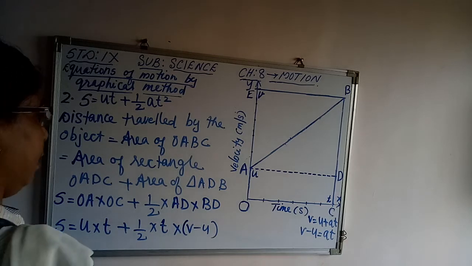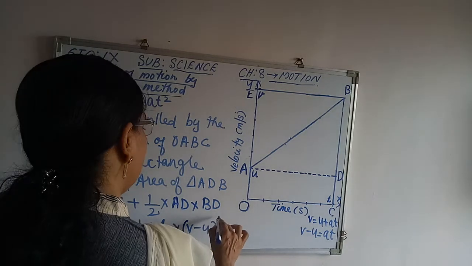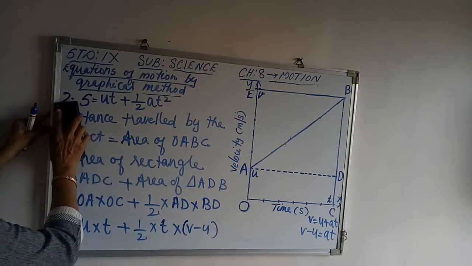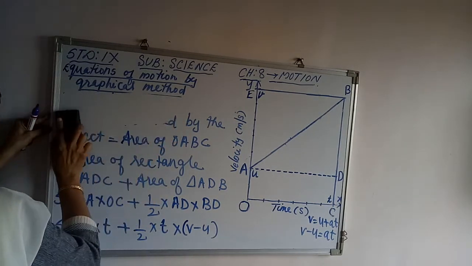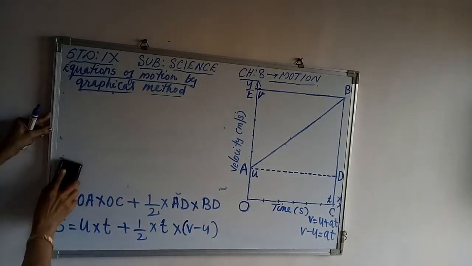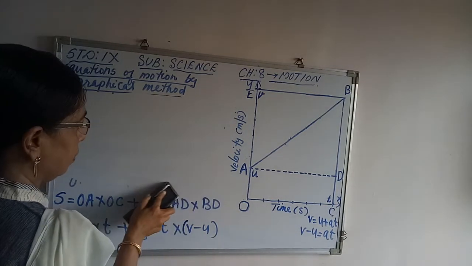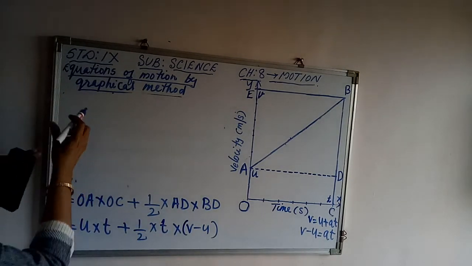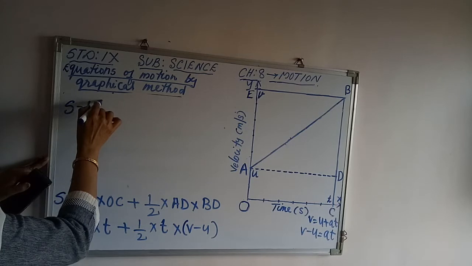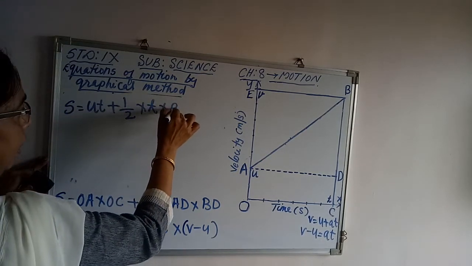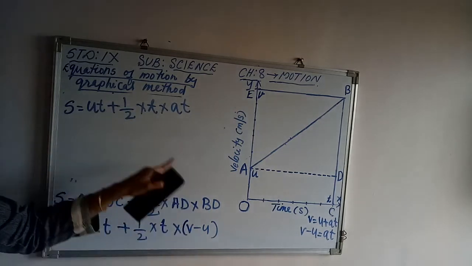So it can be written as S is equal to ut plus half into t into at, since v minus u is equal to at.